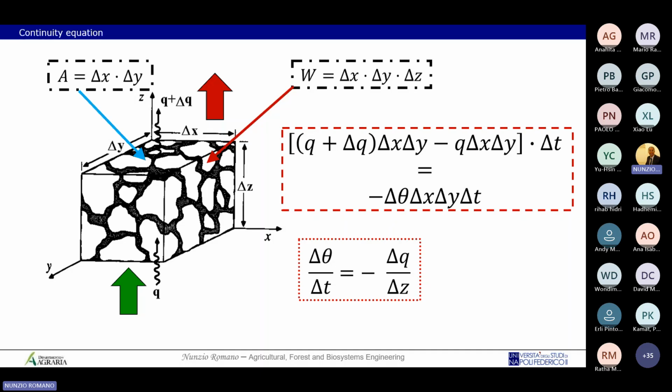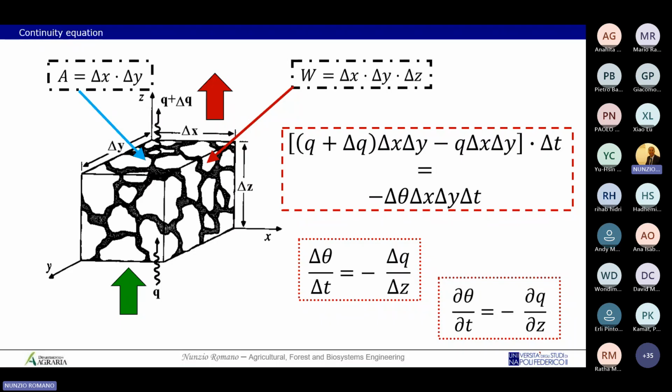And we can also write this equation in terms of a partial derivative. Why? Because actually we should write this equation not only in the vertical direction z, but also in the x direction and in the epsilon direction.